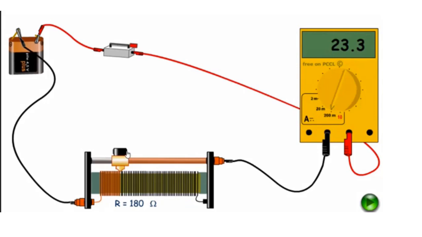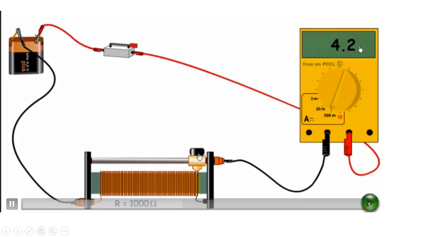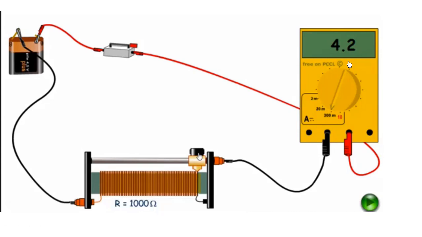Here, the resistance is equal to 180 ohms. The slider or the cursor is moving and we are increasing the resistance. So you can see that the current is decreasing. If you move it the opposite way, the resistance decreases and the current increases.